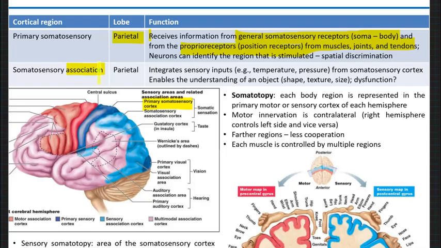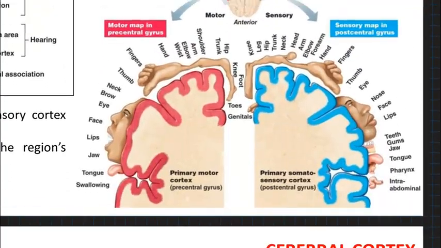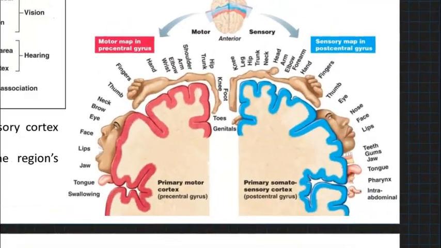And this brings us to one of my favorite conversations, the conversation about somatotopy. So I want you to take a look at this map. On the left, you see the map of a motor cortex. Okay? You can see that different regions of the motor cortex, this is the coronal section of the brain.